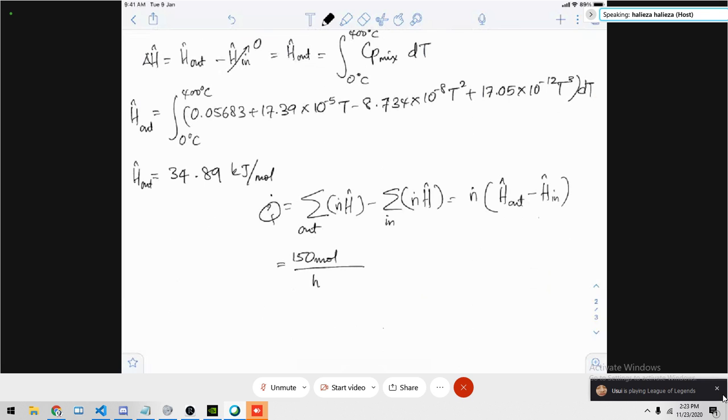Yeah, so I'm going to write down our out value, the enthalpy of the outlet, 34.89, minus the enthalpy of the inlet, which we already specified as 0 because it is at the reference state. That's kilojoules per mole. So cancel off the mole. You will end up with kilojoules per hour.